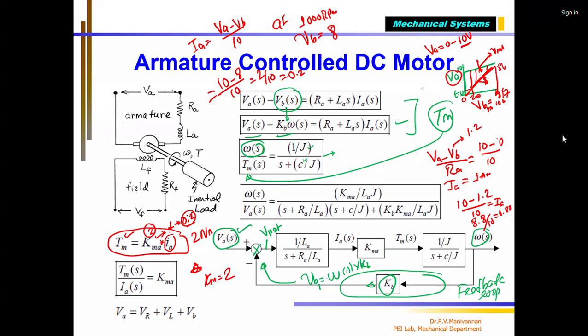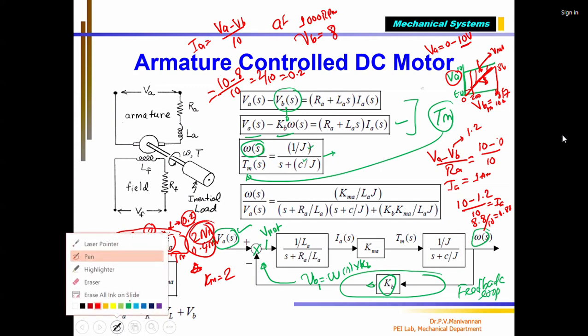But as the back EMF becomes 8, the current becomes 0.2, and the torque becomes 0.4 Newton meter. When the motor is running at 1000 RPM, the torque becomes 0.4 Newton meter. When the motor was just about to start at 0 RPM, the torque was maximum.